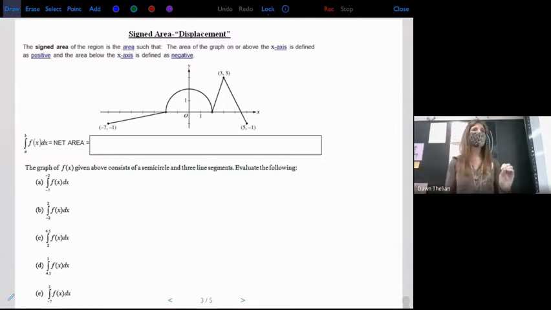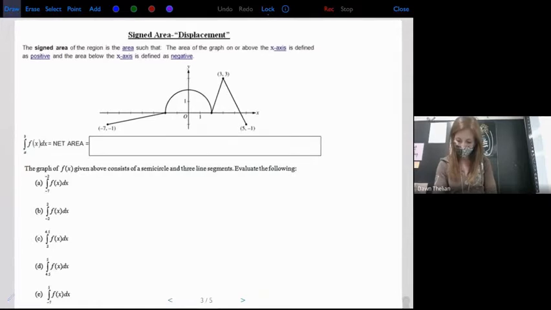The reason why this happens is in an integral, we actually have negative area. Negative area is any area that falls below the x-axis. So when we're dealing with an integral, we have signed area.